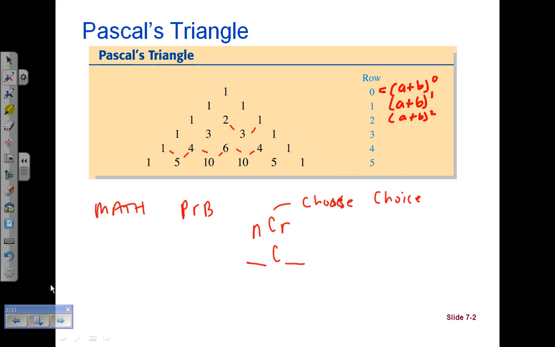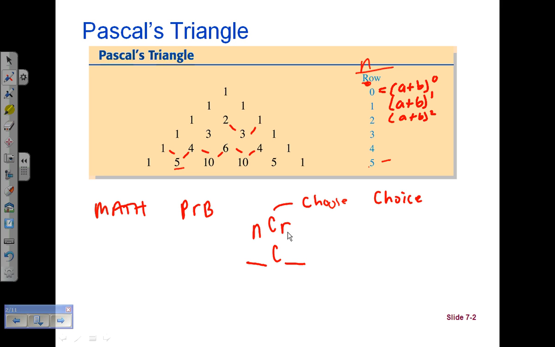Well, what's interesting and what comes from the binomial theorem is that those numbers correspond to the nCr. What do I mean? Choose. This is the r for the number. Whatever term you want, I'm sorry, I got that backwards. This is the n.